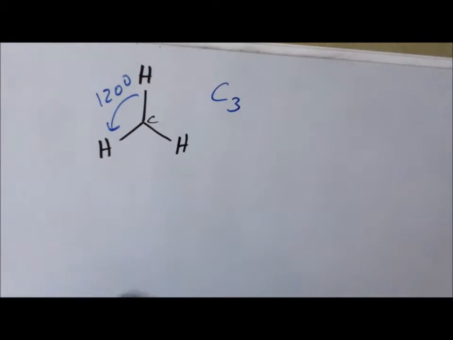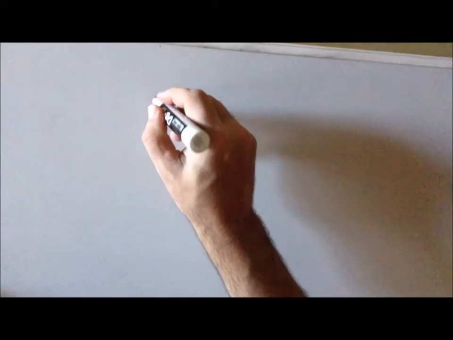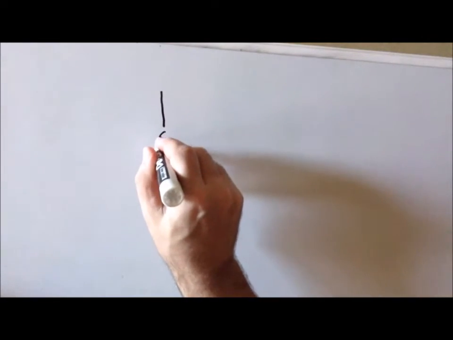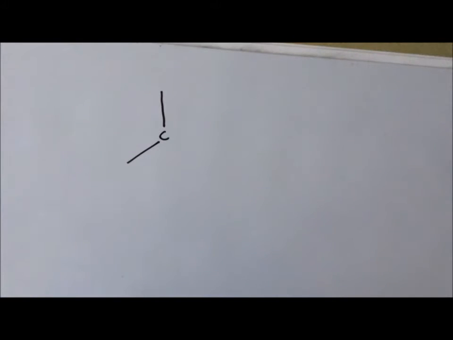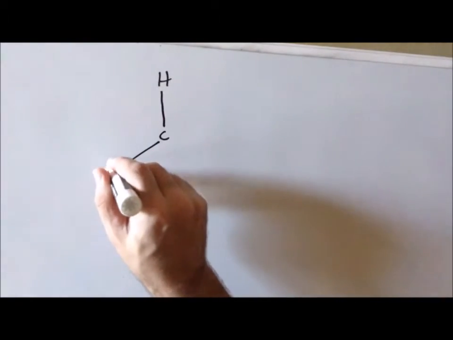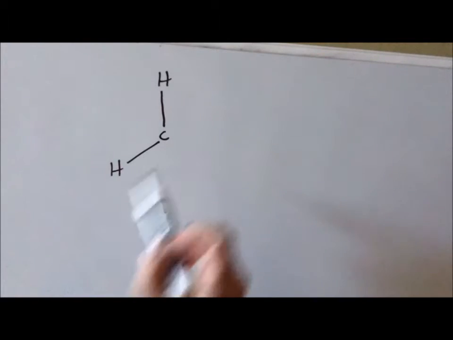Another way to depict the tetrahedron, particularly in the case of methane, is a sort of faux three-dimensional drawing where we use solid lines to show those particular atoms that are in the plane of the board. So according to this representation, the two hydrogens and the carbon atom are all in the same plane.